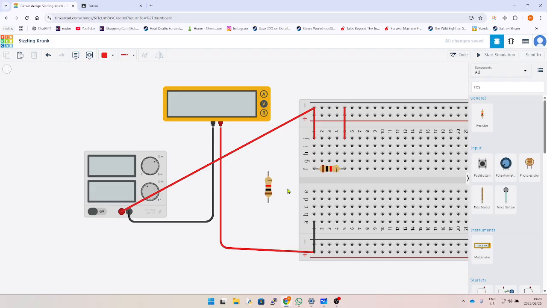No. You know why? Because what are the two terminals connected to? My bus strip. The bus strip is one unified strip, meaning no matter where I take from it, it's still the same point. What this resistor is doing is it's just bridging this gap here.